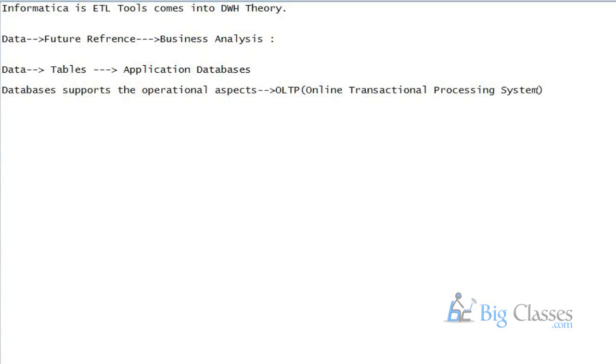which are the data processing systems used to store all the transactions of the company. The OLTPs are nothing but databases which store all the operational transactions of the company.